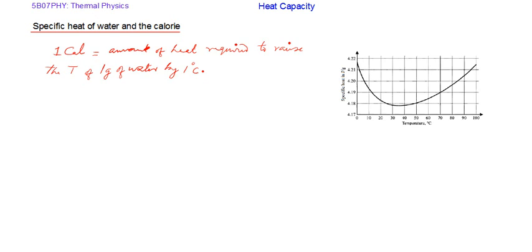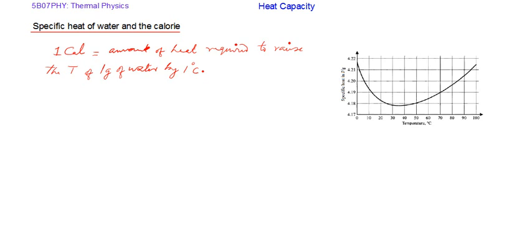And when accurate instruments were developed in the later part of the century, it was found that the heat required to raise the temperature of 1 gram of water from 0 to 1 degree Celsius is different from that required to raise the temperature, say, from 30 to 31 degrees Celsius.